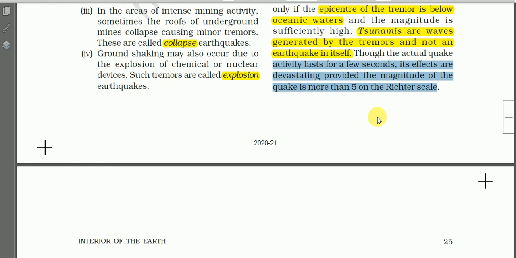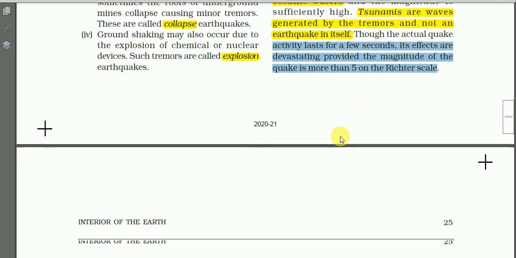And as I told you, if the Richter scale increases from 5 to 6, we have a difference of 1 magnitude. A difference of 1 magnitude means about 30 times increase in the strength.